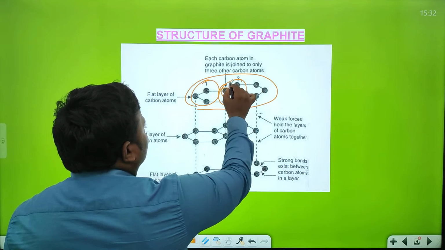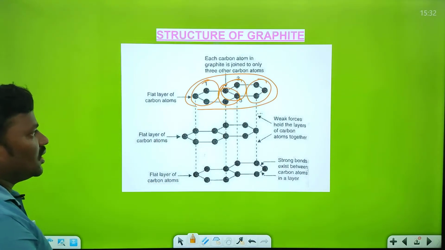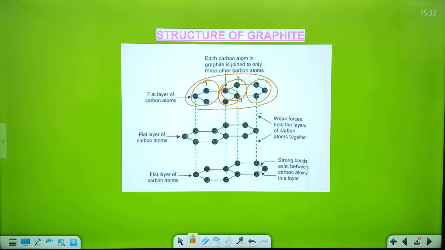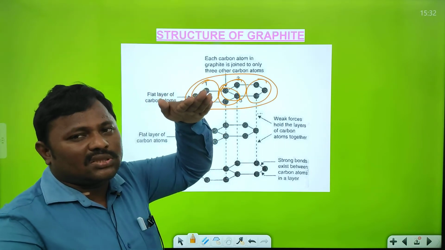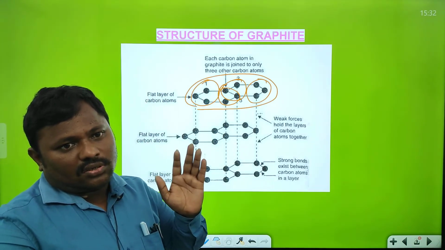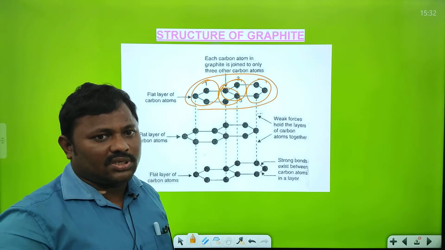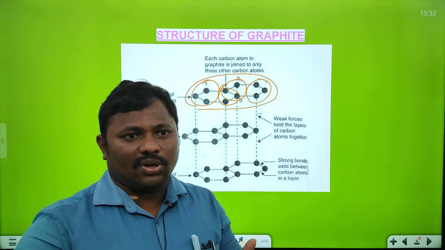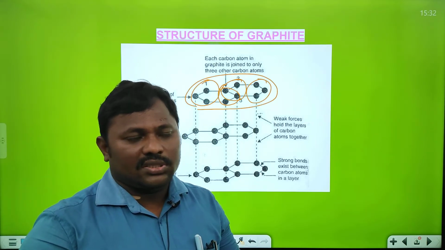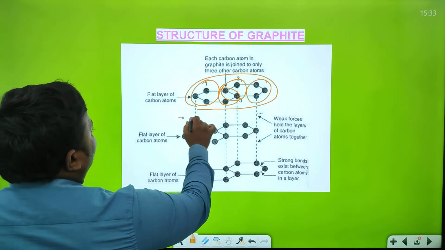So like this, here also every carbon is attached directly to 3 carbons, forming thin layers. How do we tell these thin layers? We use the lead pencil. Is it right? That lead pencil easily decreases in length by writing, because the lead pencil is the graphite layer structure.